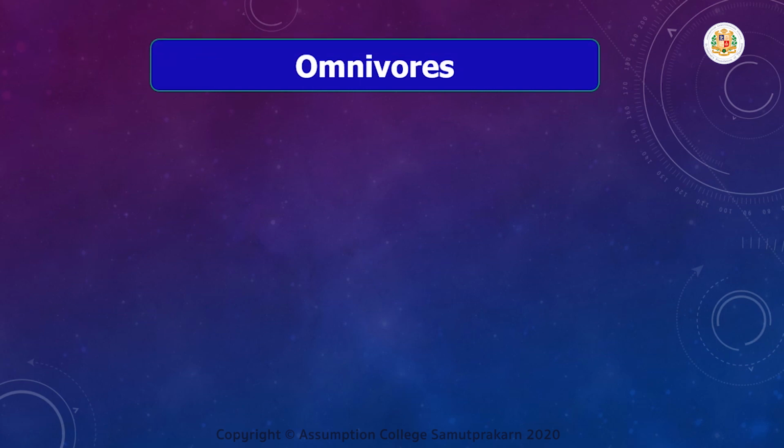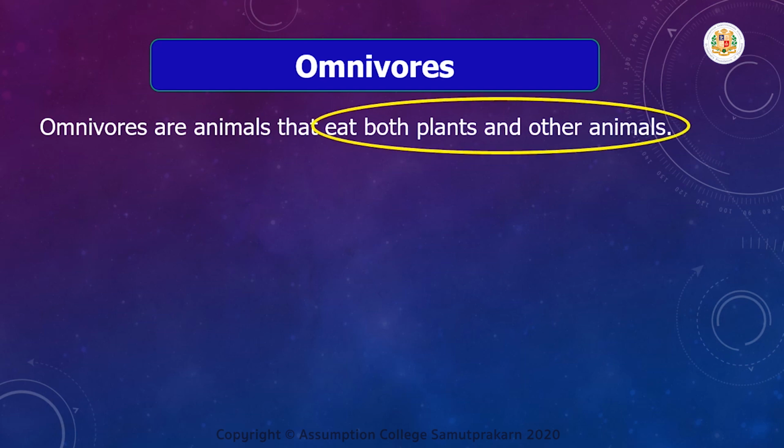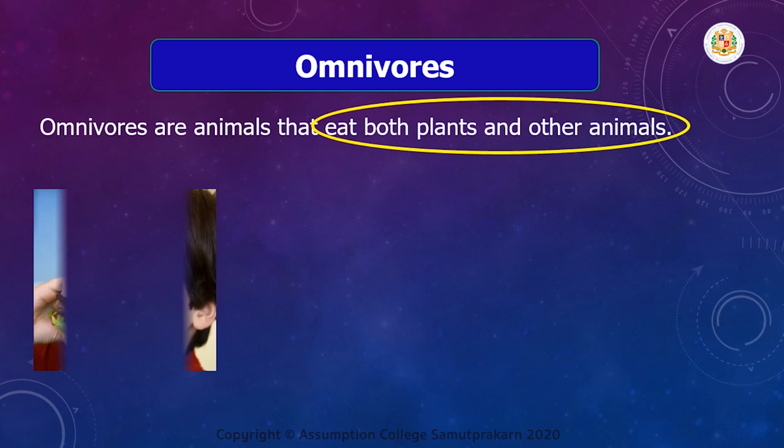The last group is omnivores. Omnivores means animals that eat both plants and other animals. They can eat meat and they can eat plants. This is the keyword: eat both plants and other animals.